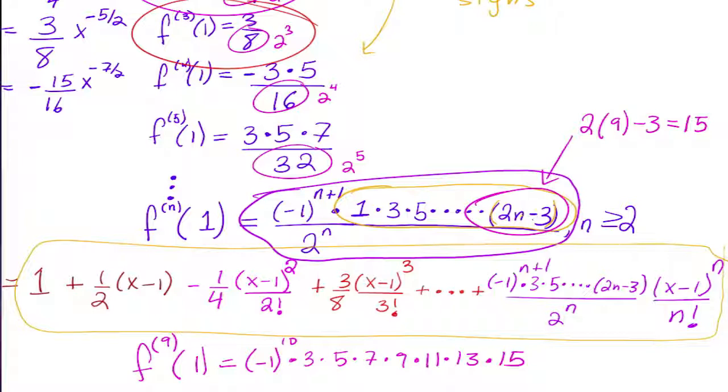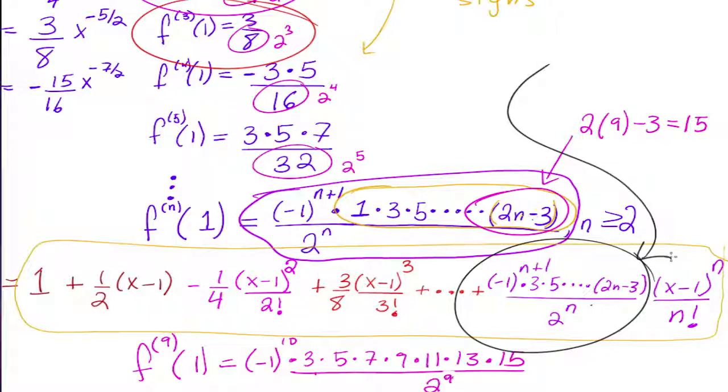So if you're not 100% satisfied with this, then that is okay. But what you can do, and this is a great idea, is, if you're still not comfortable and you would like more fun, go on Wikipedia and type in double factorial.